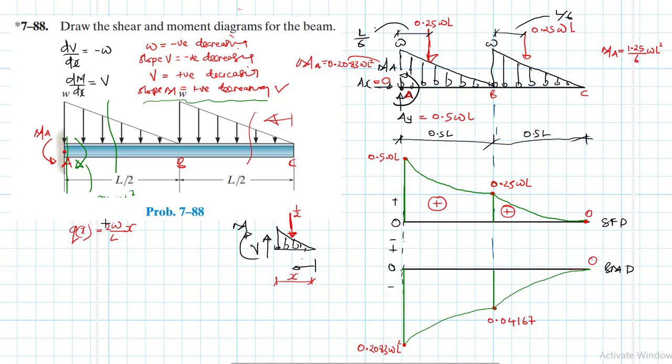If we wanted to find the equivalent force, it is going to be equal to half times, of course, 2Lx over L, and then times x. Therefore, this becomes equal to Wx squared over L, which is this value here.